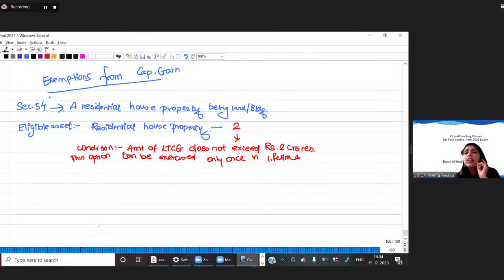So he can avail this offer only once in the lifetime. He cannot avail this offer again and again. Clear? So this is the once-in-a-lifetime opportunity given to the taxpayer. Otherwise, you can purchase only one residential house property in India. The capital gain should be long-term.